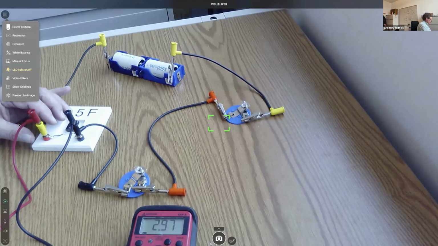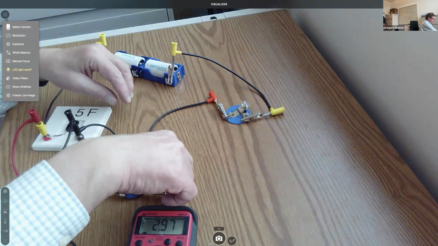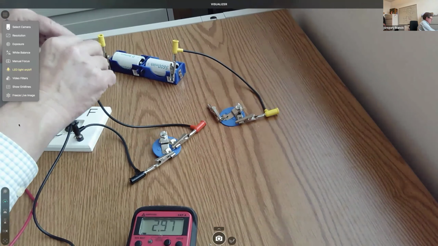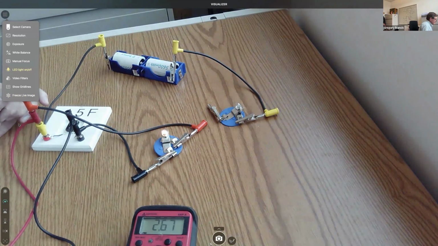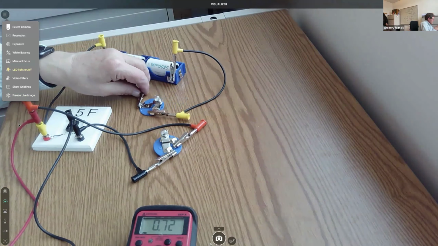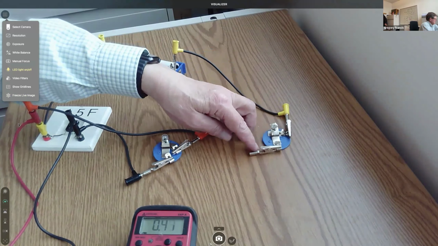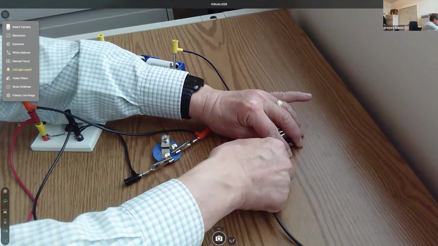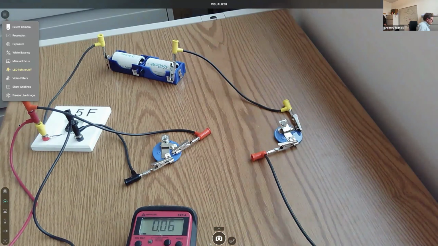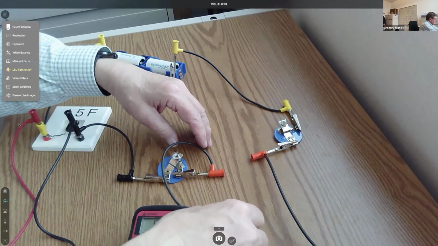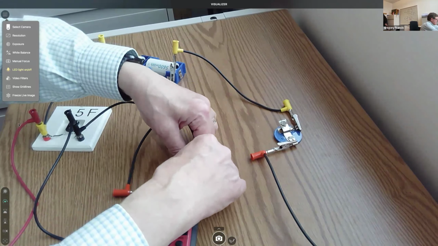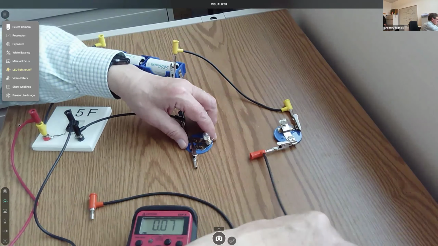So again, what we want to do is discharge that capacitor, and then we're going to set up a... okay, so we've got that, and now we're going to set these up in parallel.